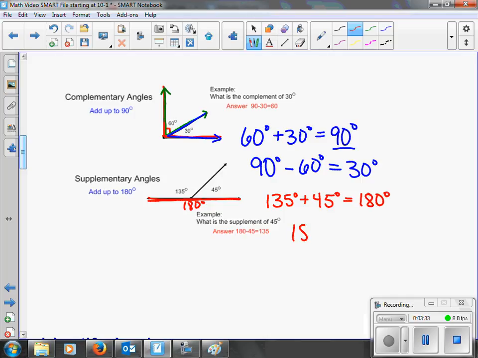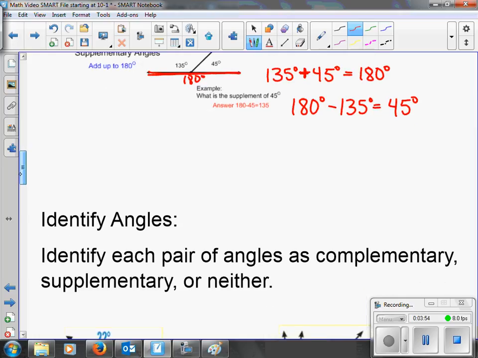Or if I start out with 180 degrees, because that's the straight line, and I subtract 135 degrees, you will get the other angle of 45 degrees. So when they add together and they equal 180, that means they are supplementary angles.